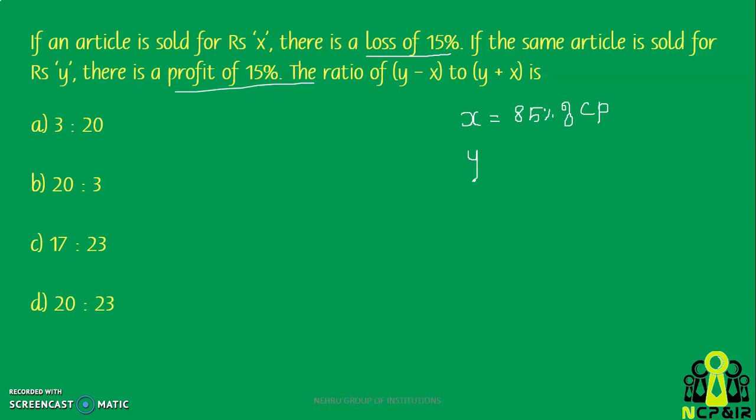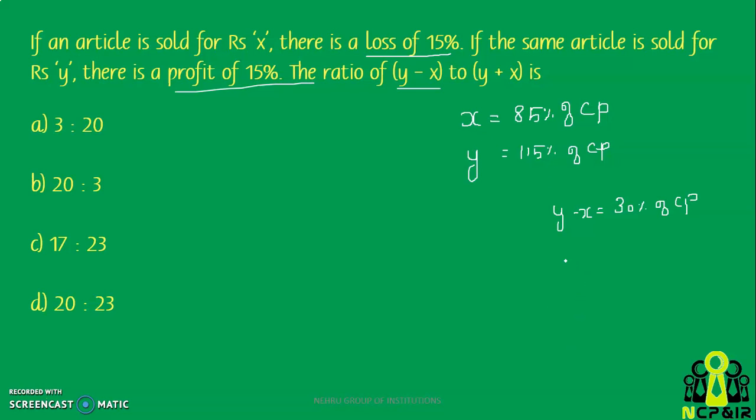Similarly, when selling price is Y, this is a 15% profit, so this will be 115% of cost price. Now we want Y minus X, so Y minus X will be 115 minus 85% of cost price, that will be 30% of cost price.